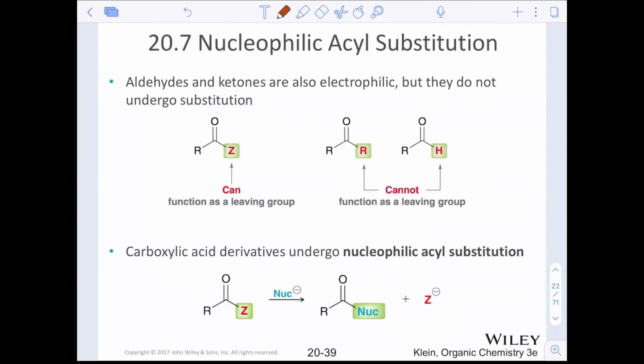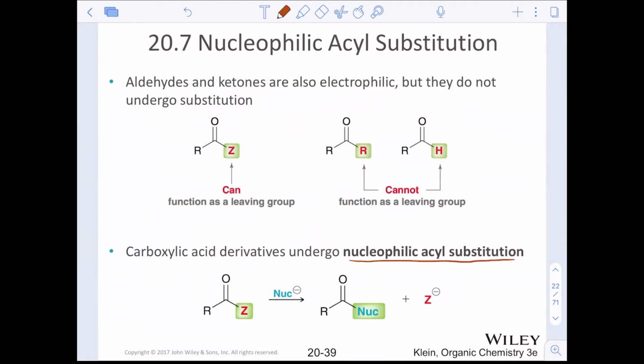Aldehydes and ketones are also electrophilic, but they do not undergo substitution, right? We saw how these groups can be added to. We can add to the carbon-oxygen double bond in aldehydes and ketones. However, now we have leaving groups in our carboxylic acids and their derivatives, so they can actually undergo what we call nucleophilic acyl substitution.